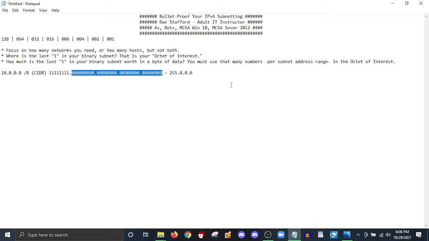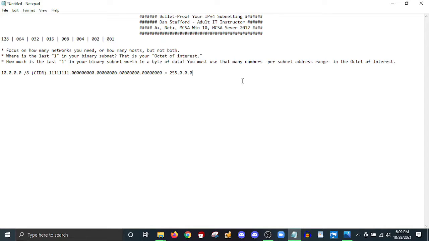So that's what the subnet mask does. It tells all the equipment how to interpret the IP addresses it's seeing, which part is the network and which part is the host. Where the subnet mask has a 1 in that position, that position in the IP address is network, and where it has a 0, that position is host.